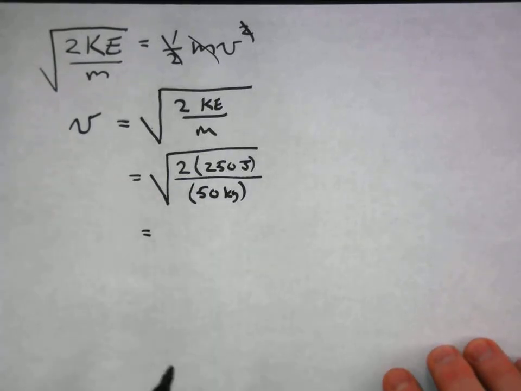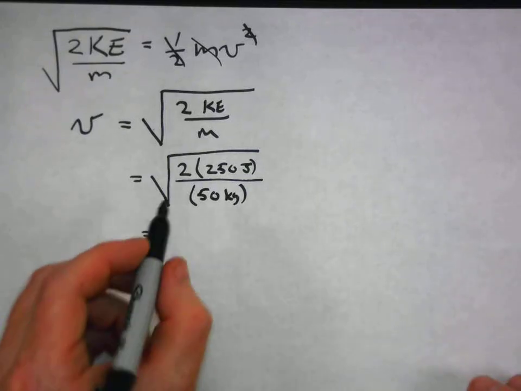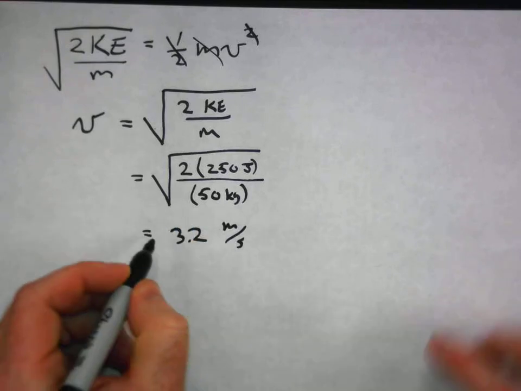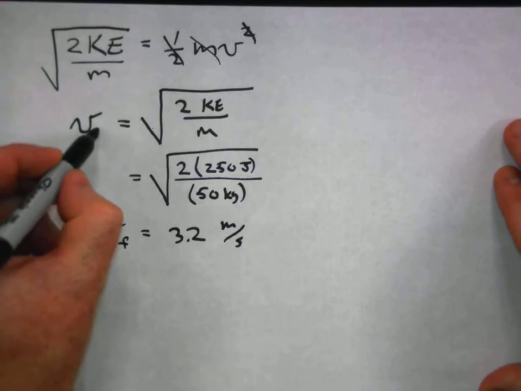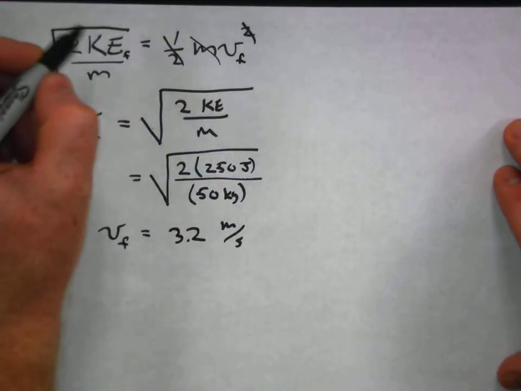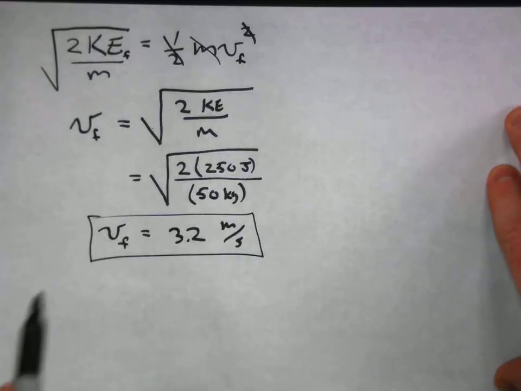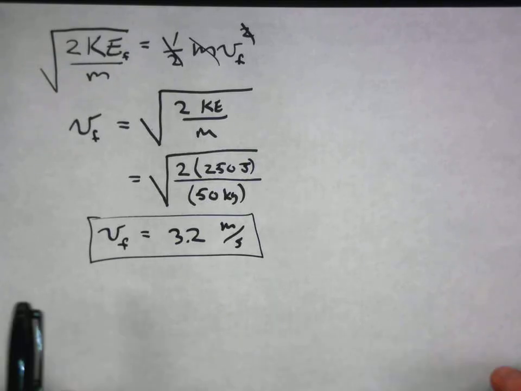And when I work this out, we should be traveling at 3.2 meters per second. That should be the velocity. And so really this is the final velocity, right? Because I was using final kinetic energy. Now I know how fast it was going because I knew how to find that final kinetic energy.